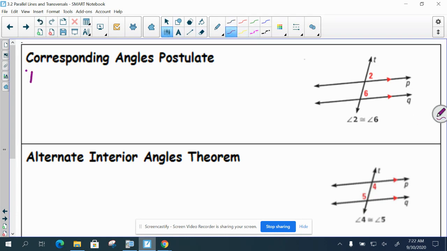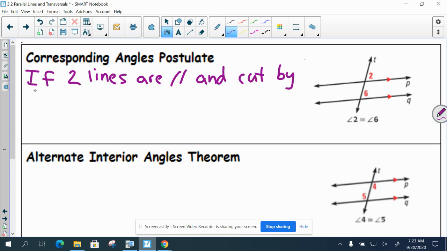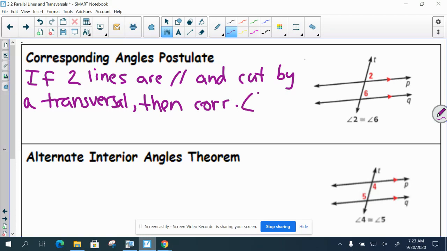So this says that if two lines are parallel and cut by a transversal, then corresponding angles are congruent. And I like to abbreviate it as just CORR, corresponding angles are congruent.